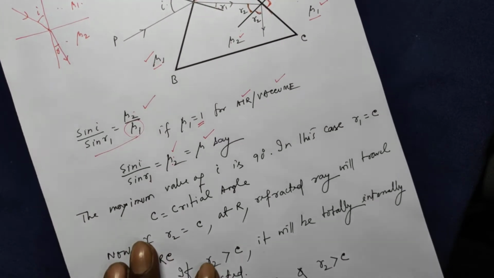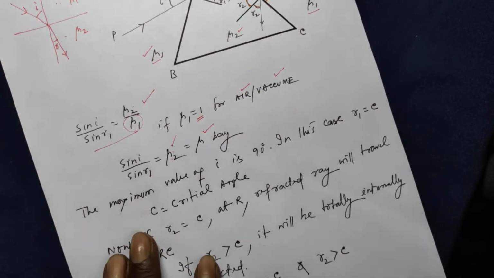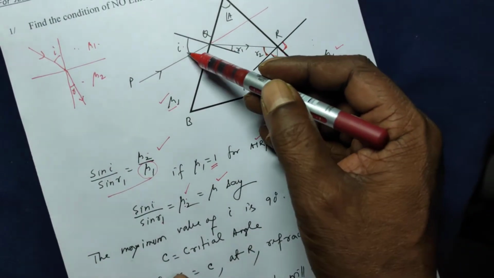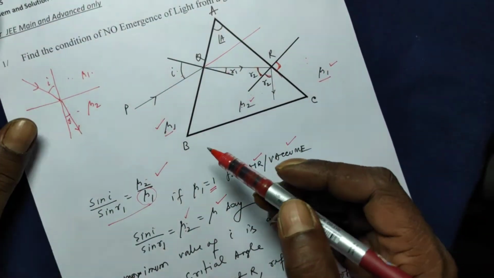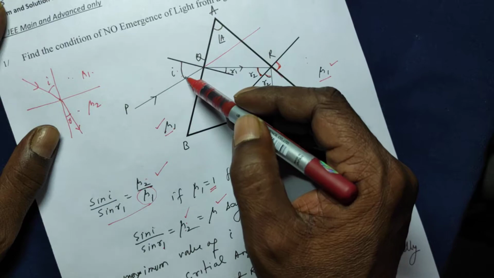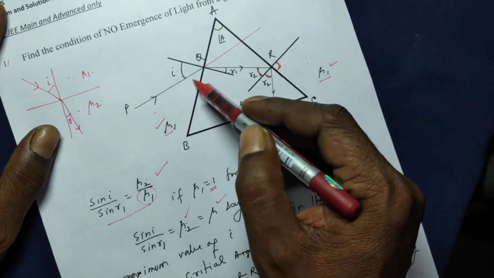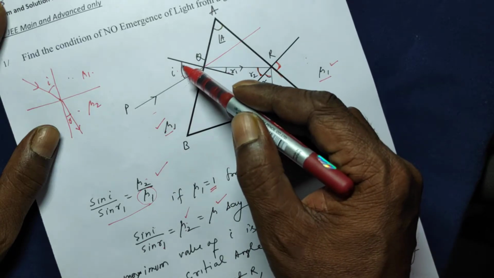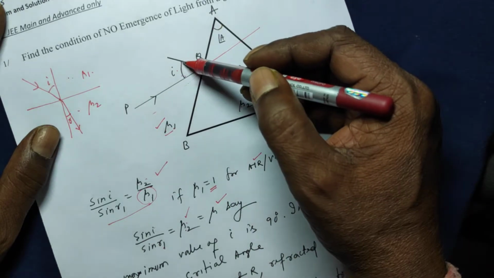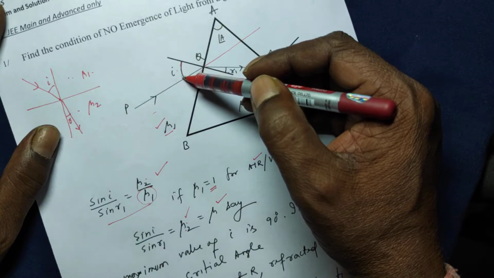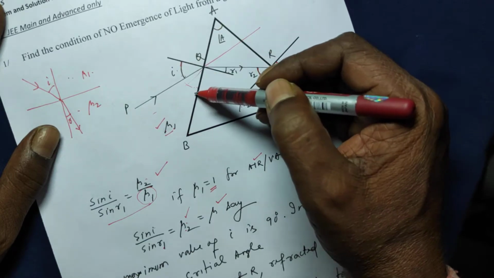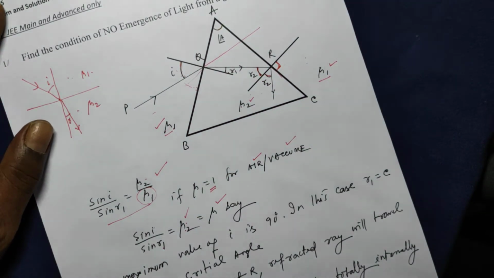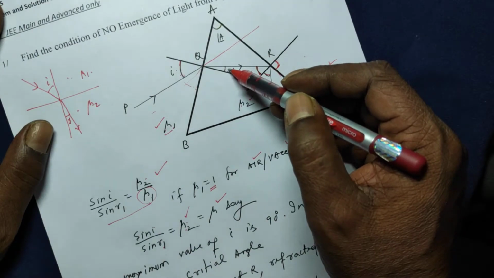Now the question is, what will be the maximum value of angle of incidence on this side? If this is the ray, this is the angle of incidence. If this is the ray, then the angle of incidence is more. If this is the ray, then the angle of incidence is still more. So this angle of incidence I can reach up to a maximum value of 90. So in that case, what will be R1?